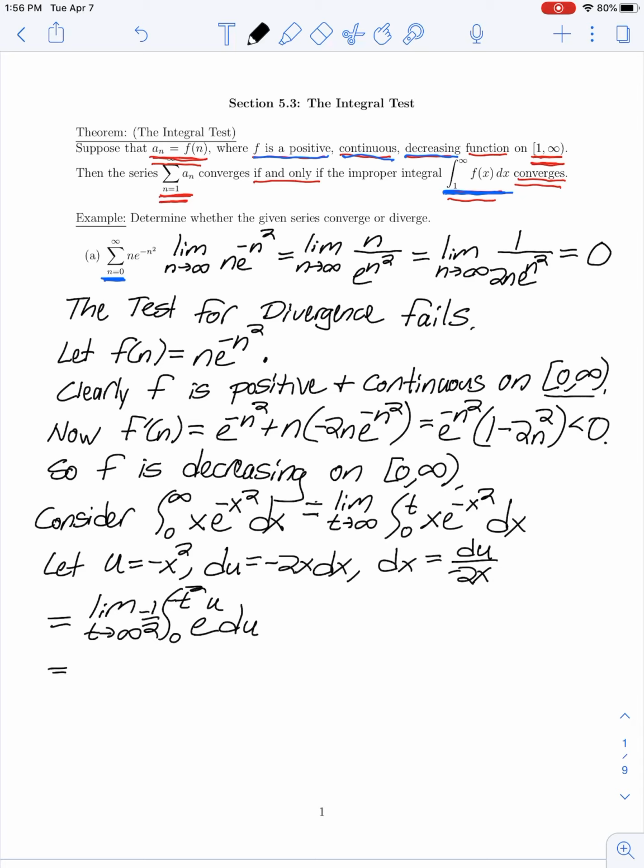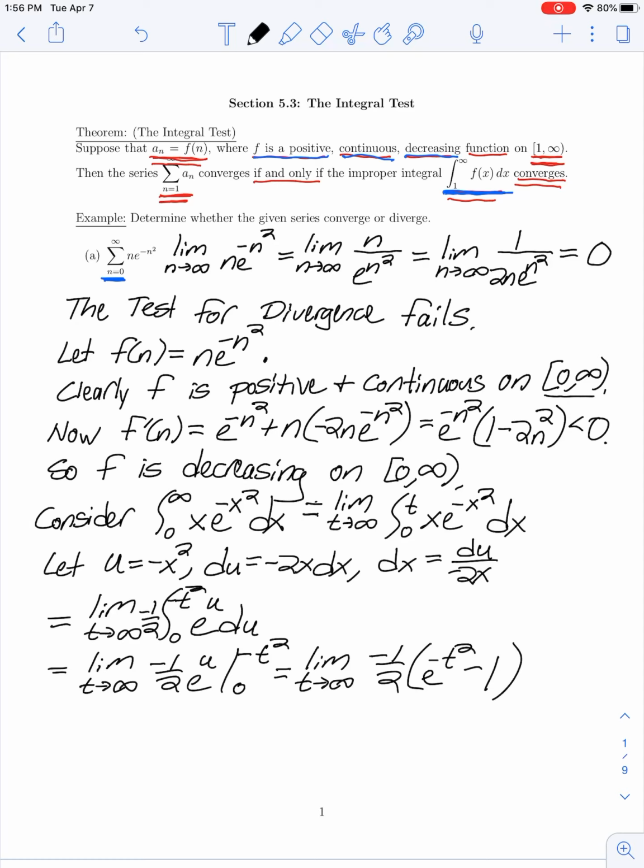So we have the limit as t approaches infinity of negative 1/2 e to the u, evaluated from u equals 0 to negative t squared. So this gives us the limit as t approaches infinity of negative 1/2 of e to the negative t squared minus, when we plug in 0 for u, we have e to the 0 or 1.